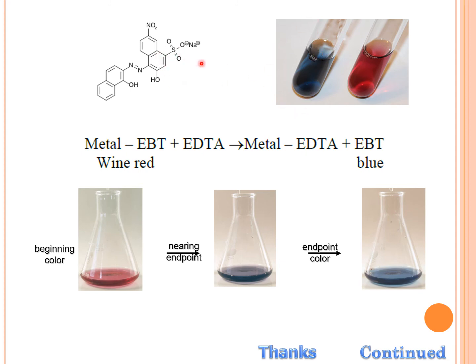As soon as we add this EBT indicator into hard water, it will ionize and make this red wine color. So in the starting, when we take hard water in this conical flask, we add basic buffer solution, and we maintain the pH 9 to 10.